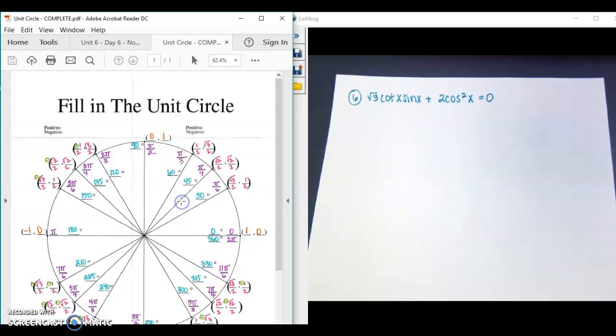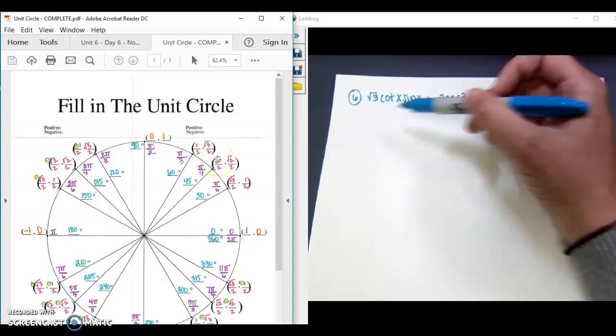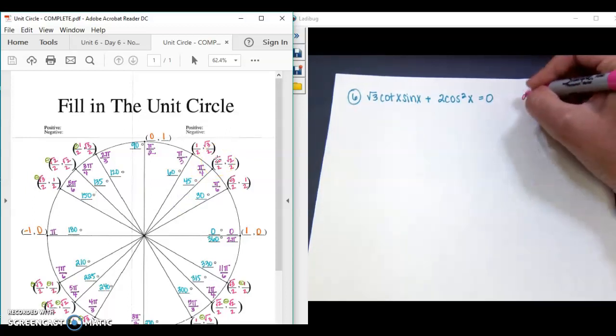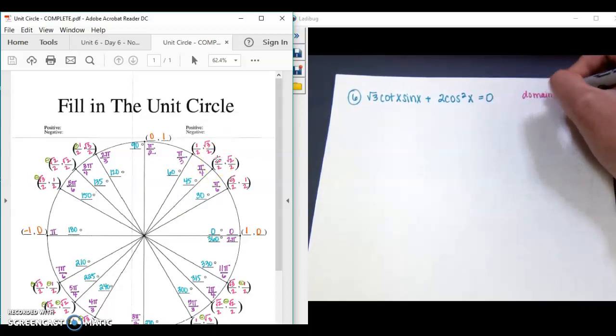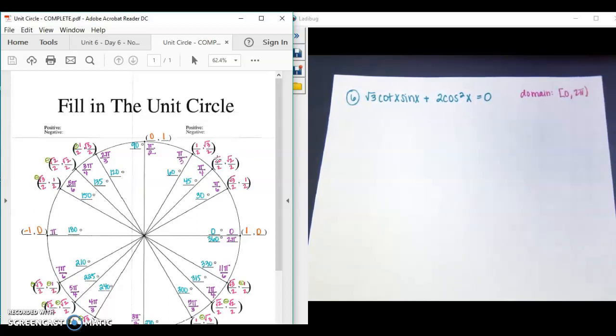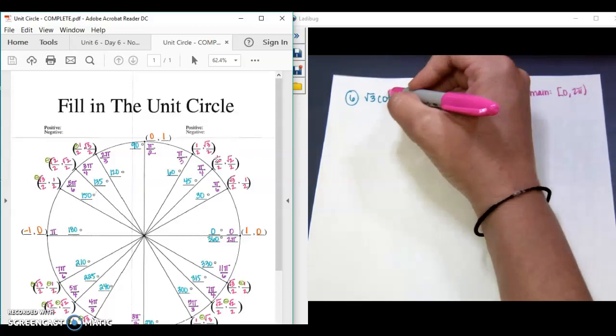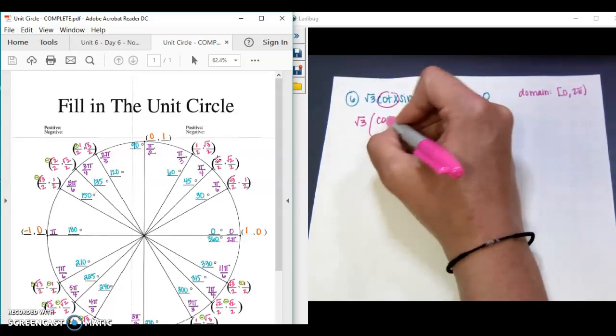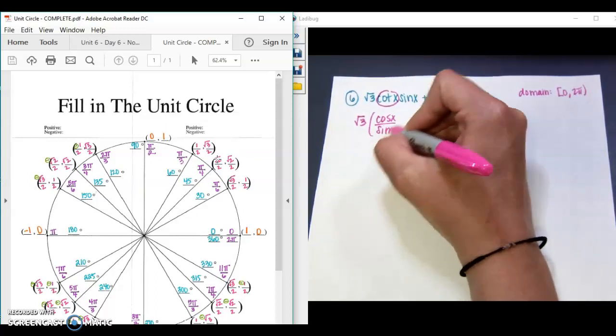You can also notice that we have just regular x's, so we're not going to have to do the special domain. So domain is really just one round, 0 to 2 pi. Okay, but I can have all these trig functions. So the one that I see that I would probably want to rewrite is cotangent. Cotangent is cosine over sine.